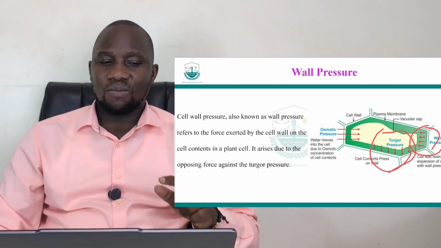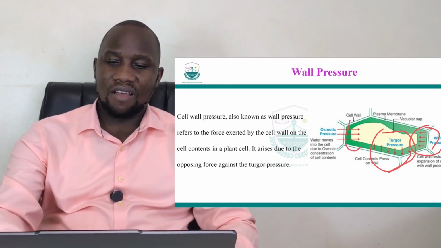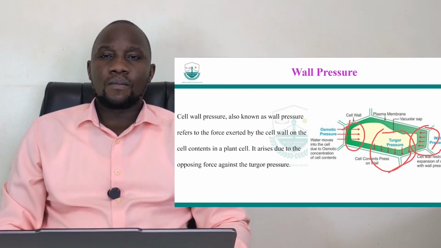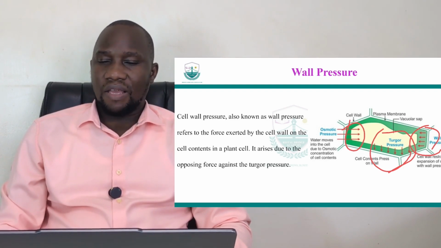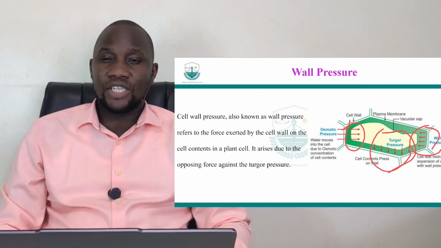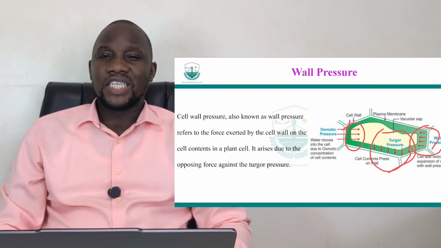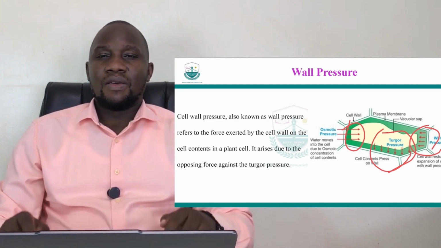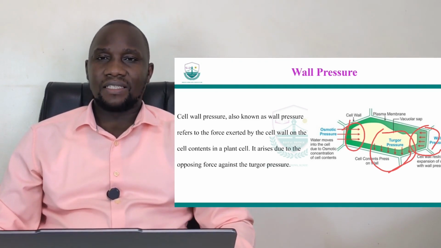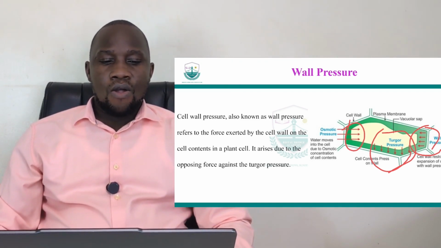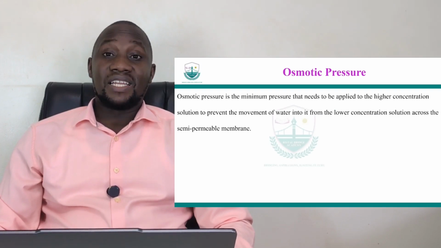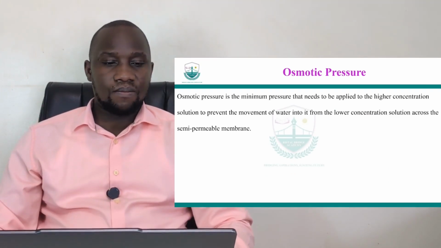But you also have osmotic pressure that we are also having in that direction. So that is what basically happens. These are basically opposing forces: turgor pressure from the cytoplasm content, and then wall pressure, the wall trying to exert pressure on the contents of the cell, basically the cytoplasm and its contents.